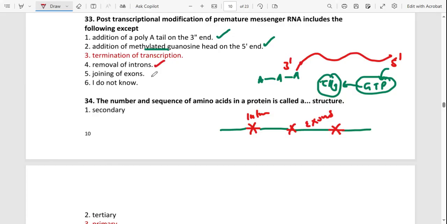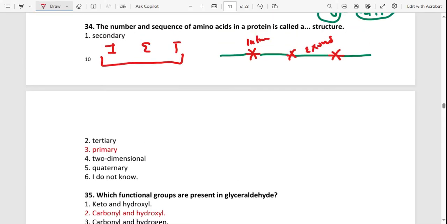So we remove introns, we join exons. So termination of transcription is not post-transcriptional. It is actually happening during transcription, because in transcription we're going to have initiation, elongation, and termination. These are three phases. But after transcription, that's when we have these other modifications.